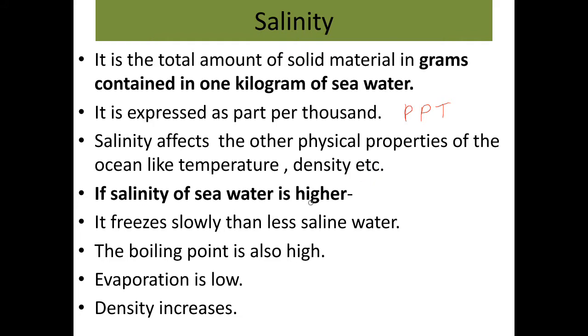If salinity of seawater is higher, it freezes slowly. For example, normal or fresh water freezes at 32 degrees Fahrenheit, whereas seawater freezes at 28.4 degrees Fahrenheit, and the boiling point is also higher. Fresh water boils at 100 degrees Celsius at sea level, whereas if salinity is more, it will have an elevated boiling point.